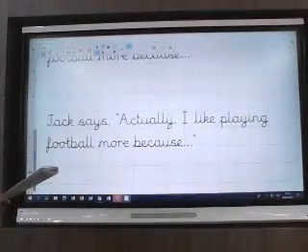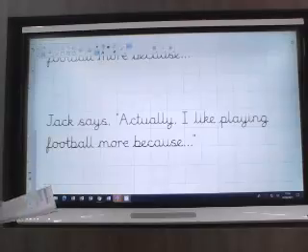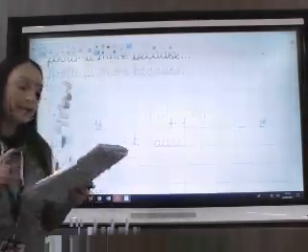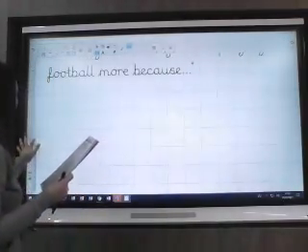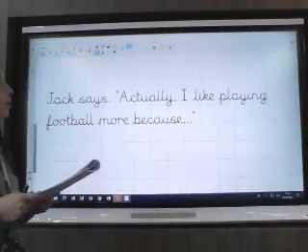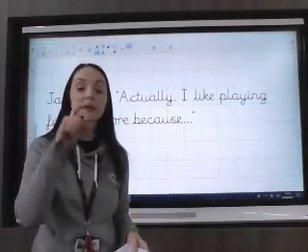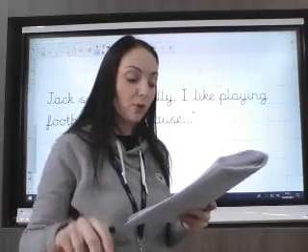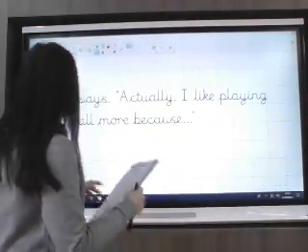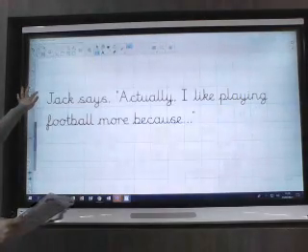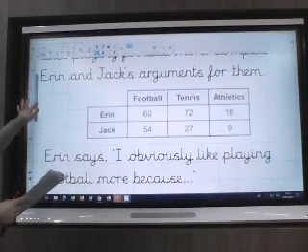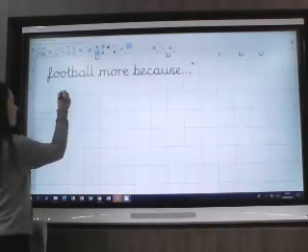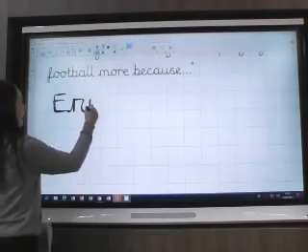Then your next part says, Jack says, actually, I like playing football more because. For this one, you're going to have to work out your percentages: the percentage of time that Erin played football that week and the percentage of time that Jack played football that week. Remember, go up and have a look. Erin played it for 60 minutes, and her overall time was 150 minutes.